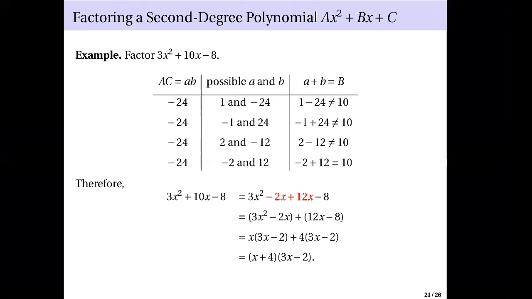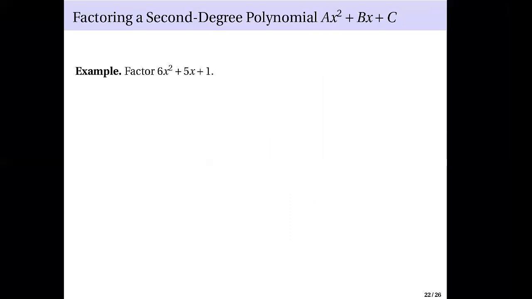Okay? So let us work on the last example for this method. 6x squared plus 5x plus 1. So again, this is your capital A, this is your capital B, this is your capital C, and A times C, this is 6 times 1, which is equal to 6.